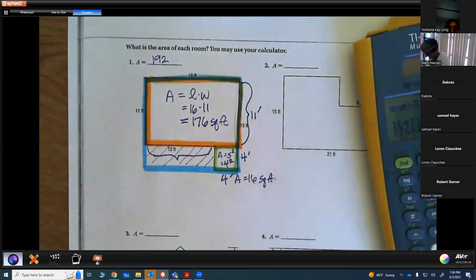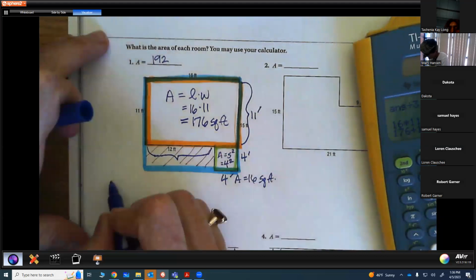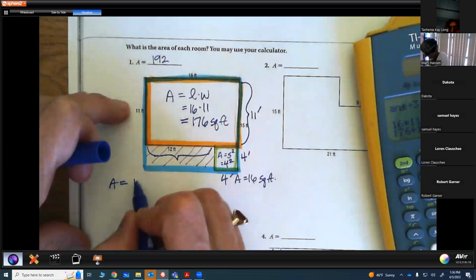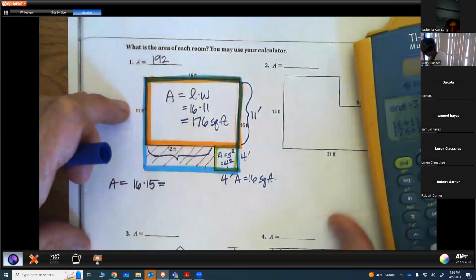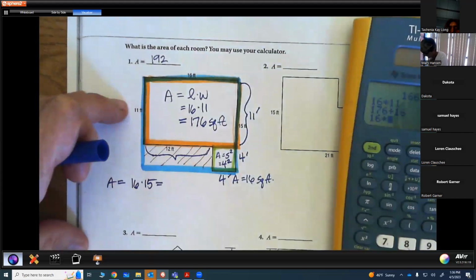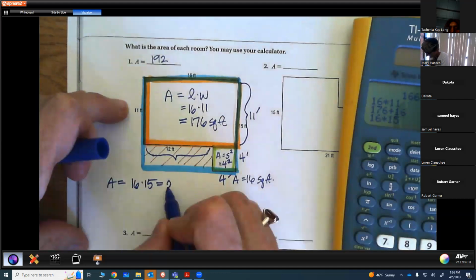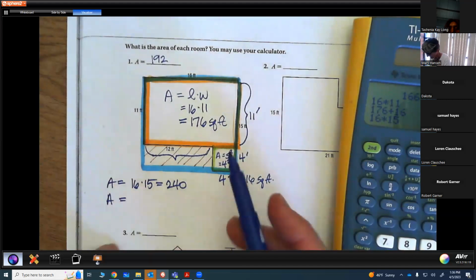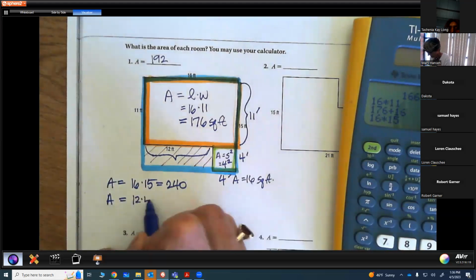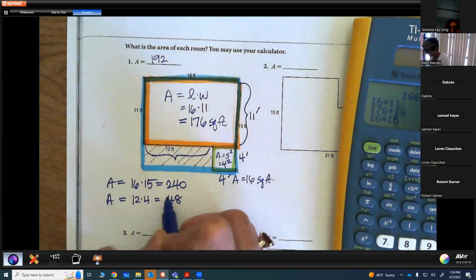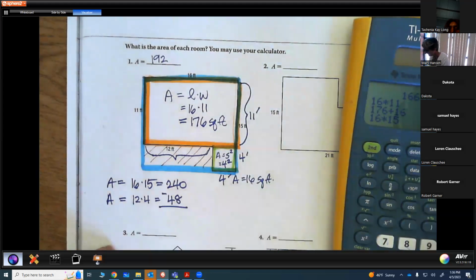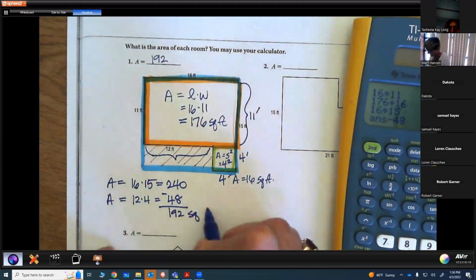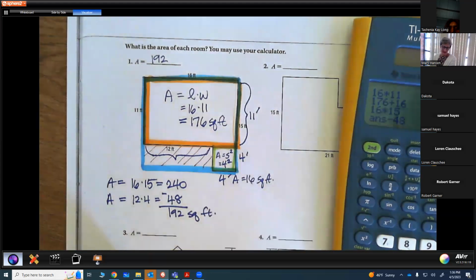The area would be 16 times 15, which equals 240. Then the smaller missing area is 12 times 4, which equals 48. And if you take 240 minus 48, lo and behold, everything works as it should. You get the same answer.